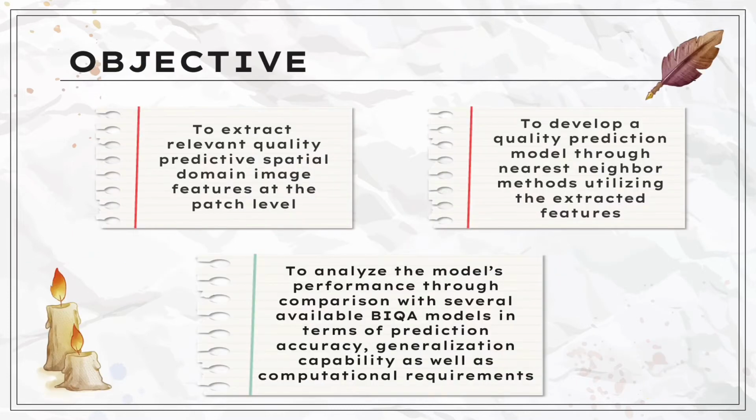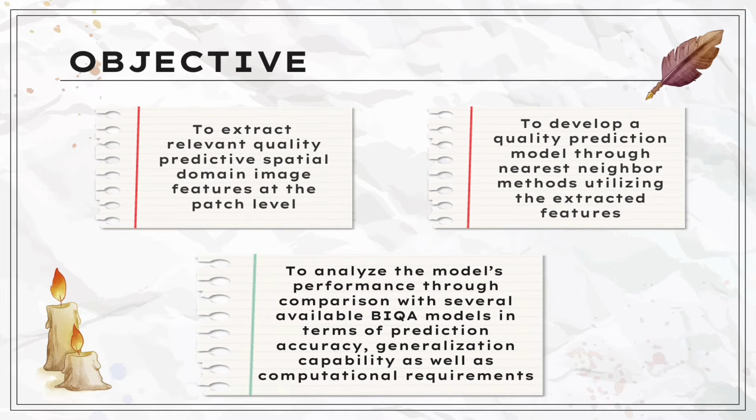Okay, next, this project has three objectives. First is to extract relevant quality-predictive spatial domain image features at the patch level. The spatial domain is to transform the original pixel value to one domain where it is a statistical value. It is a feature that does not directly represent the pixel value. The second objective is to develop a quality prediction model through the nearest neighbor method utilizing the extracted features.